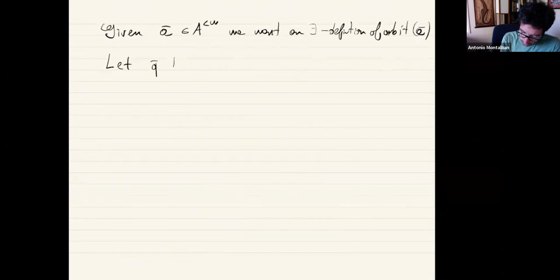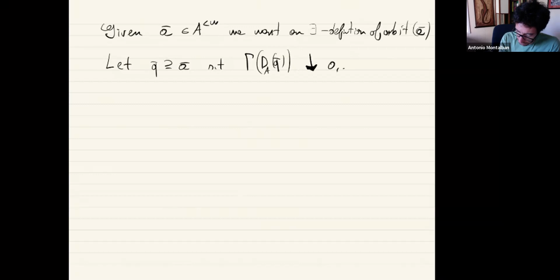Let Q be an extension of A. It's a tuple extending A such that gamma with the diagram of Q as input converges, so it gives you an answer on the first A values.